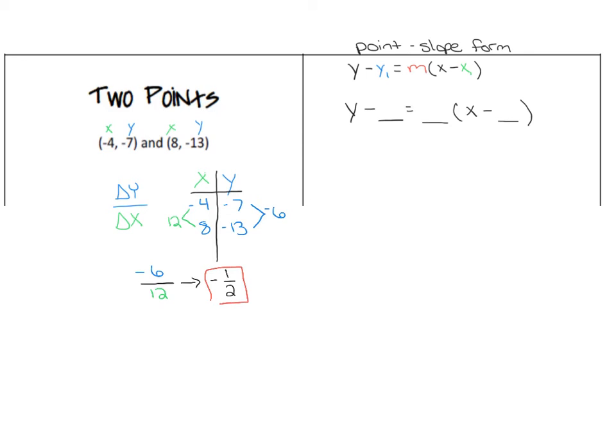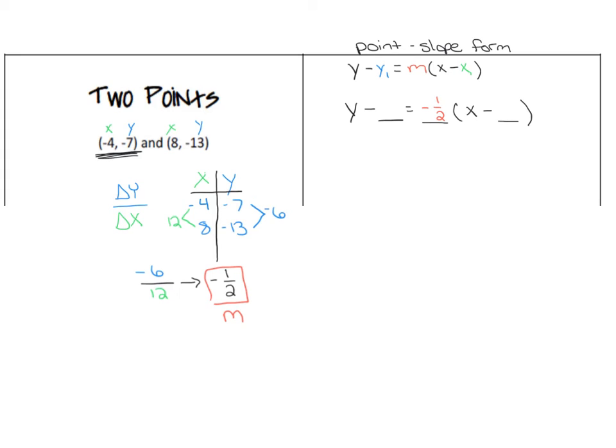Okay, but now we have found the slope. So that goes up in our equation in the spot for m. And for choosing the point, it doesn't matter which one you use. You get the same answer either way. So I think I'm actually going to choose the one that has 2 negative signs in it. I'm going to choose this point because I know that this equation has negatives, so my negatives become positive.